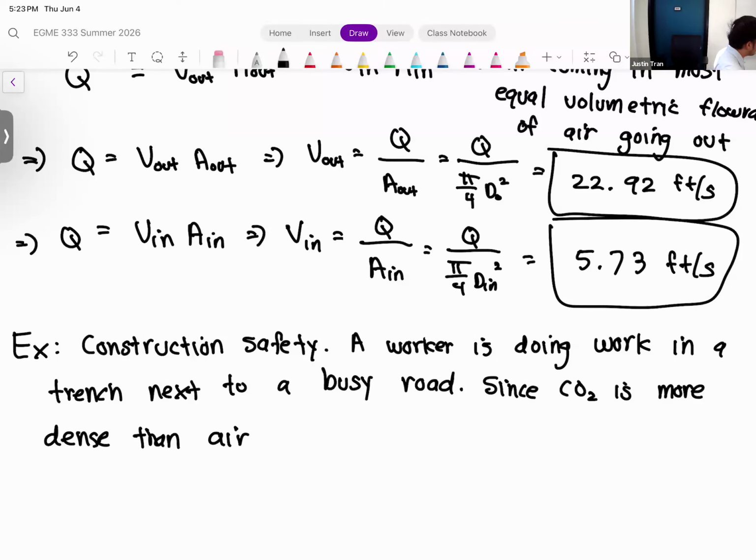And so what we know from buoyancy is that when you have a fluid that's more dense than the surrounding air, it tends to sink or come to the bottom. In this case, that CO2 is going to sink into the trench.